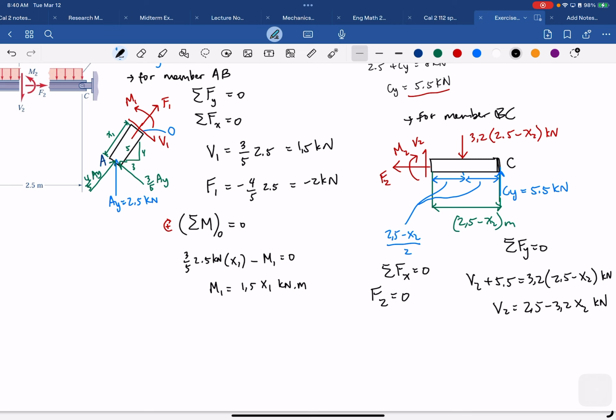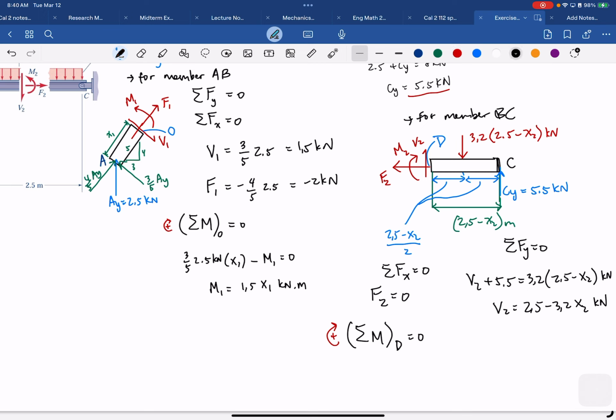and then the sigma moment, let's say at D, so take on D equals 0, and this will be positive for clockwise.